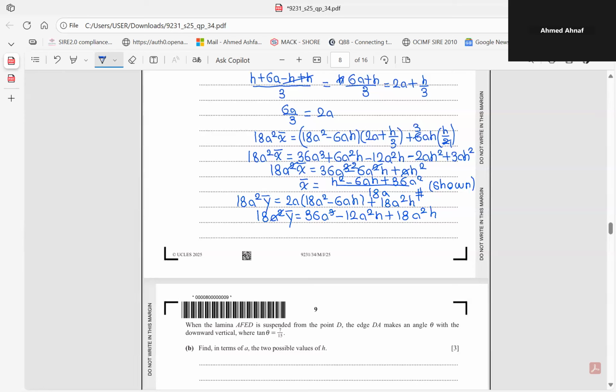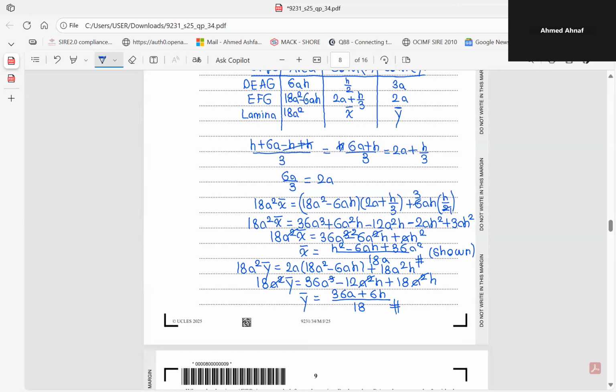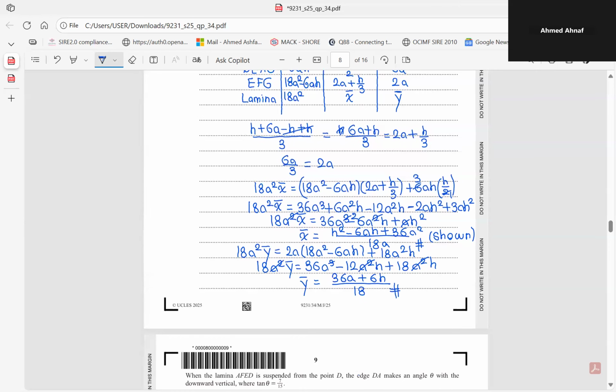So the a squared cancels out. So y bar will just be 36a minus 12h plus 18h, that is plus 6h, over 18. Yep, this is our final answer. Our second answer for this first part is 36a plus 6h over 18.